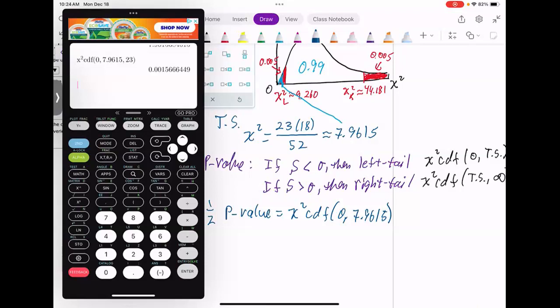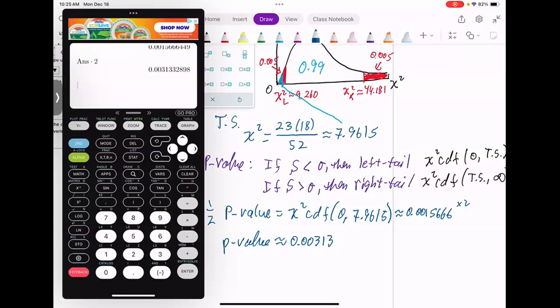Remember, this is half. So the full p-value, I'm going to have to double that, right? Times 2 is about 0.00313.